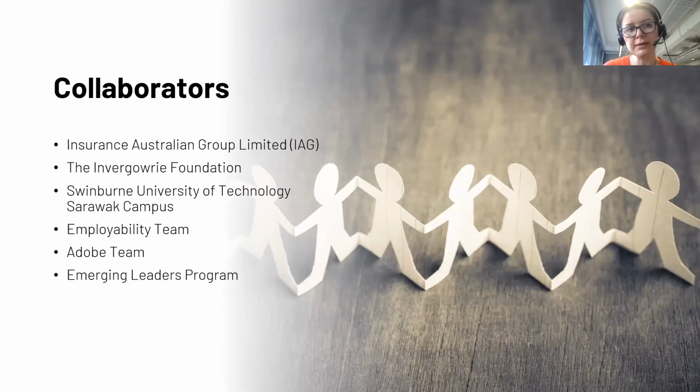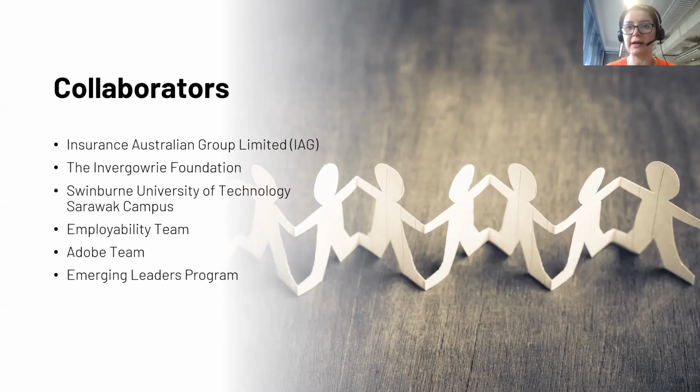So collaborators: we have our industry partner, Insurance Australia Group, which we call IAG. We have a group of institutes working on inspiring girls and women into STEM. That's another vision we have. We have our academics in Sarawak. We have the employability team, who are helping us archive the recording sessions and registration pages.